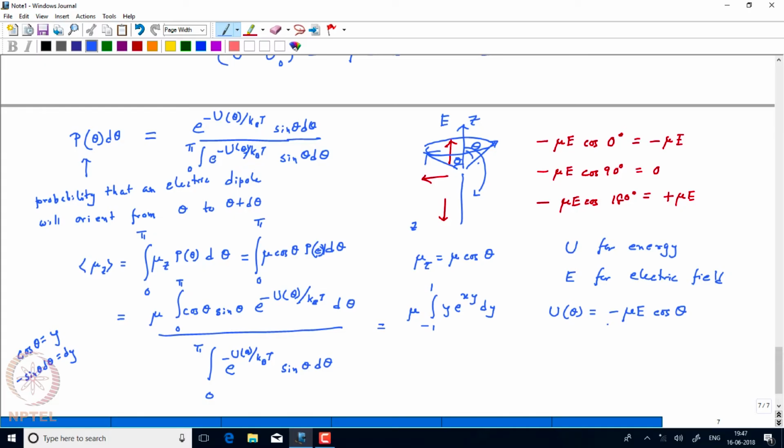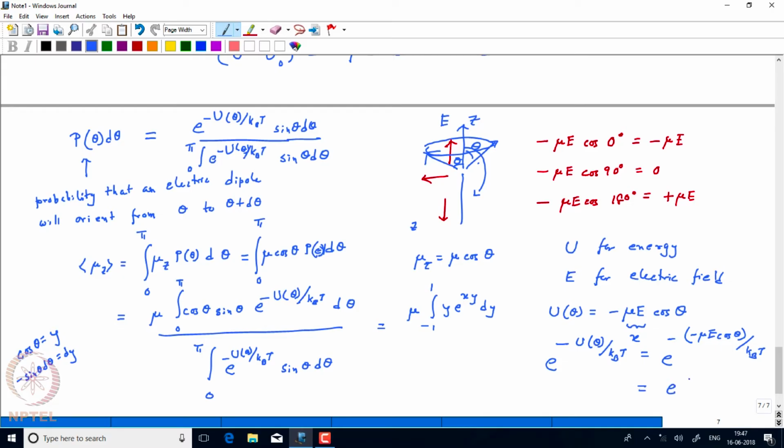But again, x is nothing but this quantity, mu E, not with the minus sign, just mu E, because we are writing e to the power minus U of theta divided by kBT, which is e to the power minus minus mu E cos theta divided by kBT, and then cos theta we take to be y.